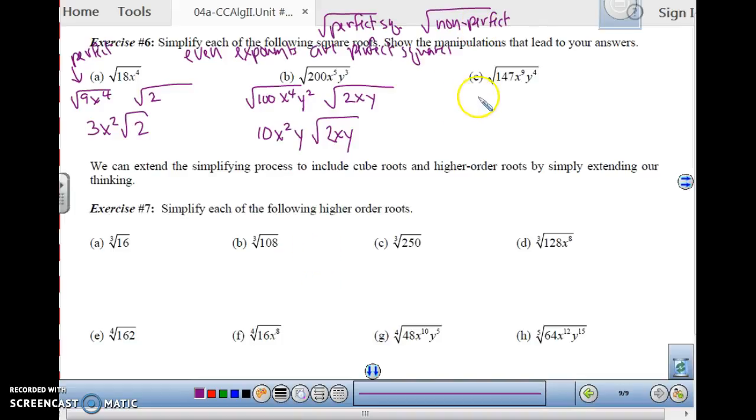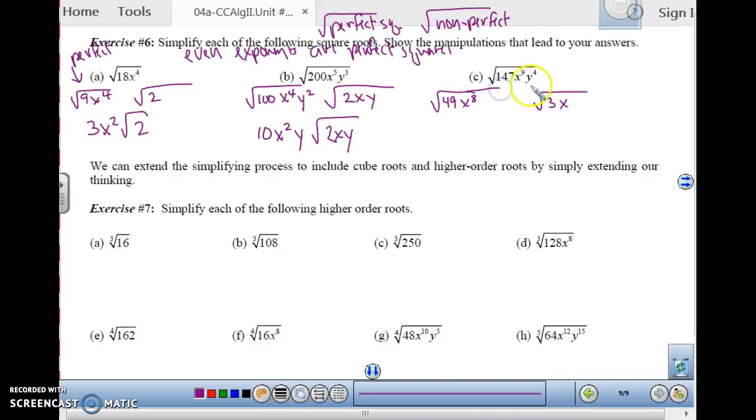Okay, let's do one more. Perfect squares. Non-perfect squares. 147. Well, that one is 49 times 3 gives me 147. Perfect, non-perfect. X to the 9th. The biggest even exponent that goes into x to the 9th would be x to the 8th times x.